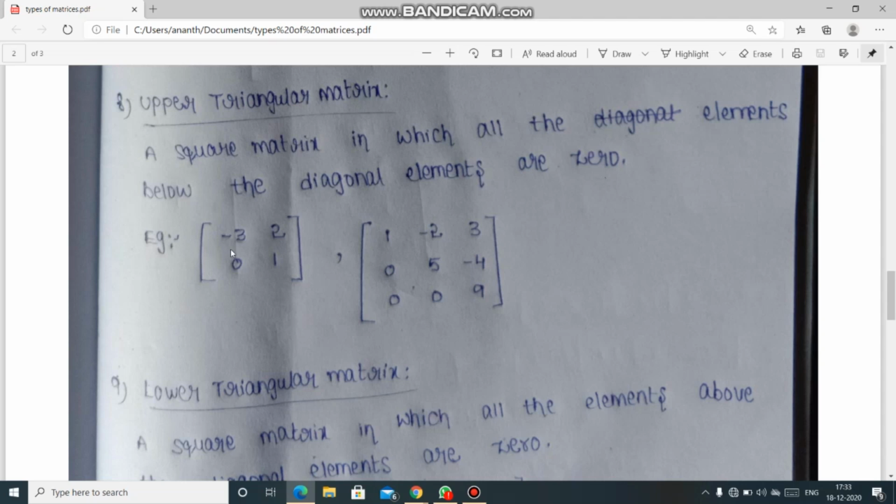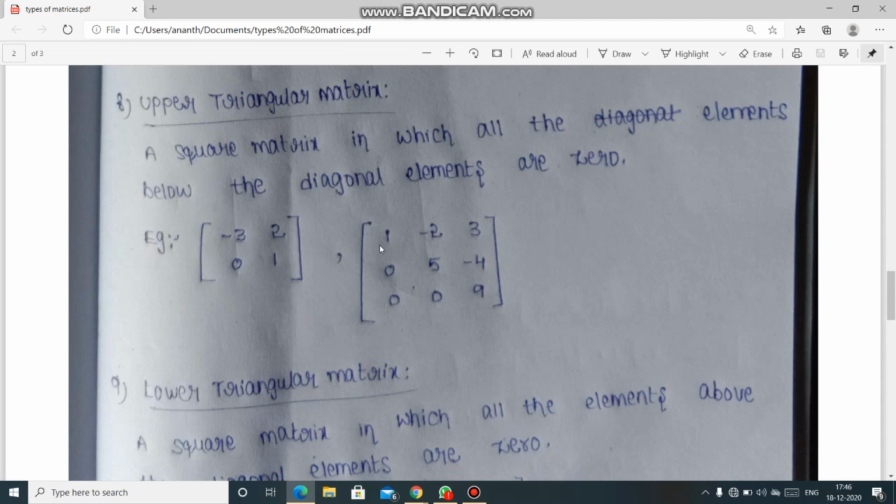Example, -3 2 0 1. This matrix is a 2 by 2 matrix, meaning the number of rows is equal to the number of columns, so it is square, and below the diagonal element is 0.